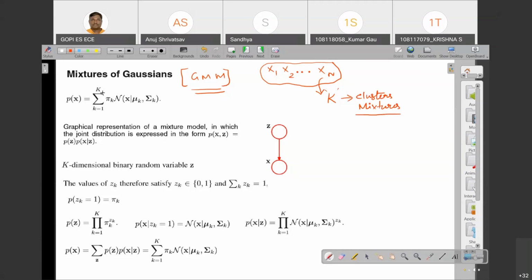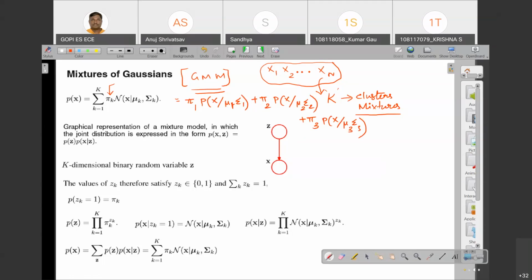So now, as I told you, this is the expression I gave in the earlier slide in the expanded form. Suppose I have 3 clusters: it is pi 1 times the probability of x given mu1, sigma1, then pi 2 times the probability of x given mu2, sigma2, and then pi 3 times the probability of x given mu3 and sigma3. So these are the mixtures here.